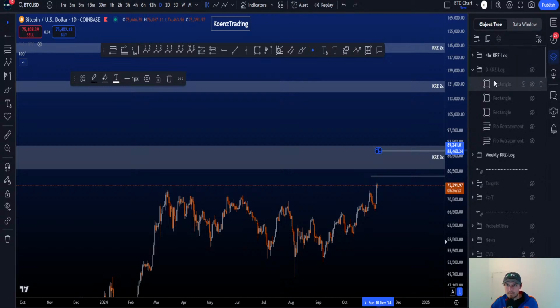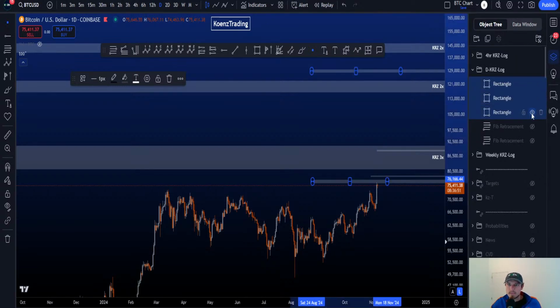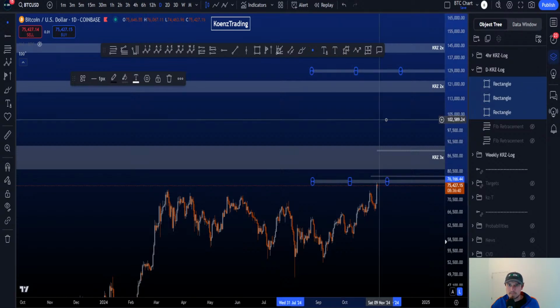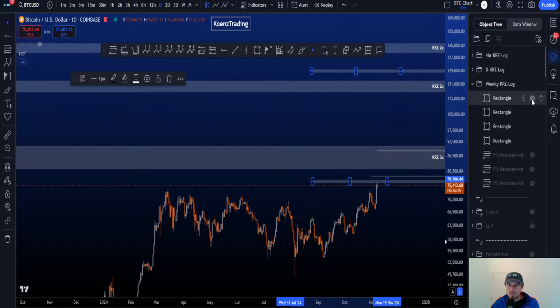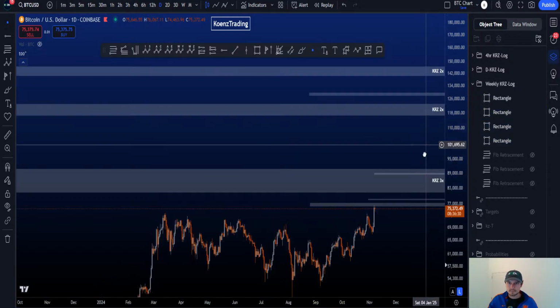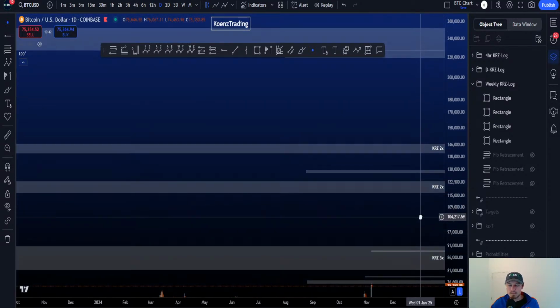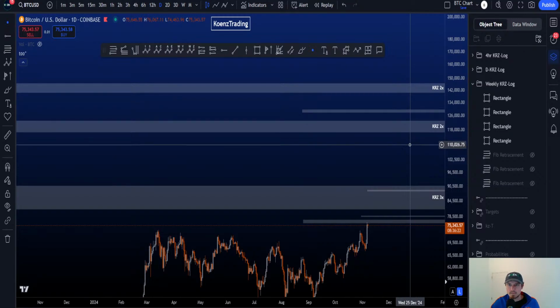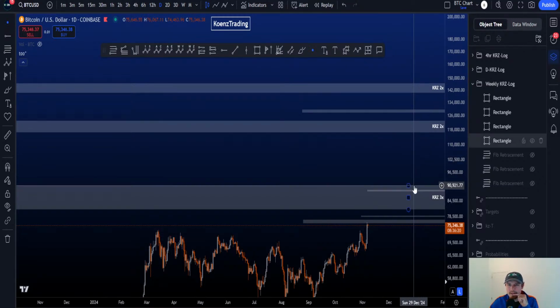Also quite a gap here between 90 and then we pretty much go to 118.